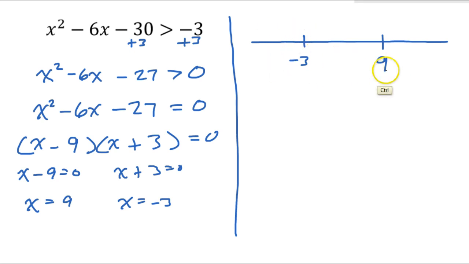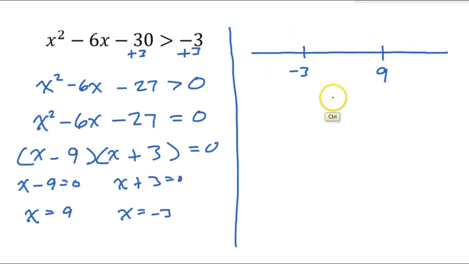Now, at these critical values, will these two values be included in my solution? Do I want the function to equal 0 or to be greater than 0? Simply greater. There's no equal to sign, so these will be open circles. These points themselves are not to be included in the solution set.